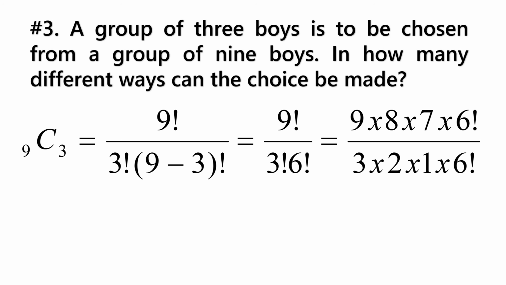So, using the formula, 9 factorial divided by 3 factorial times 9 minus 3 factorial. So, yung 9 factorial divided by 3 factorial times 6 factorial, cross out mo na lang yung 6 factorial. Okay, para hindi ka na mahirapan mag-solve. So, ito tanggalin, tapos ito din. So, magiging 9 times 8 times 7 divided by 6. So, there are 84 ways to select 3 boys from the 9 boys.